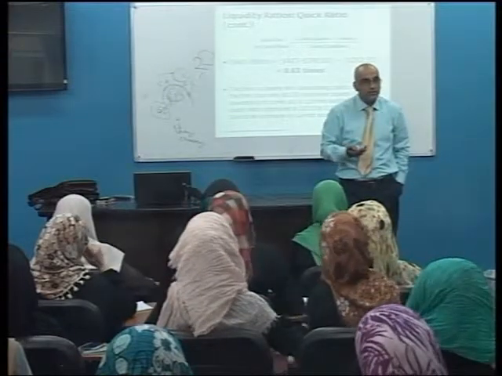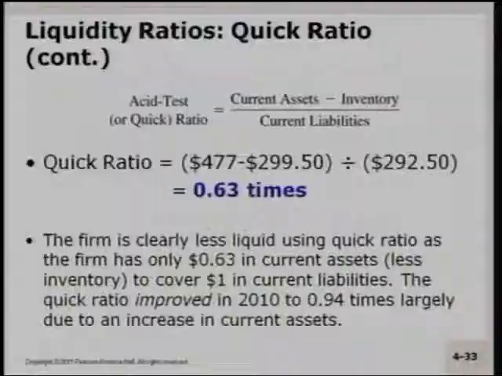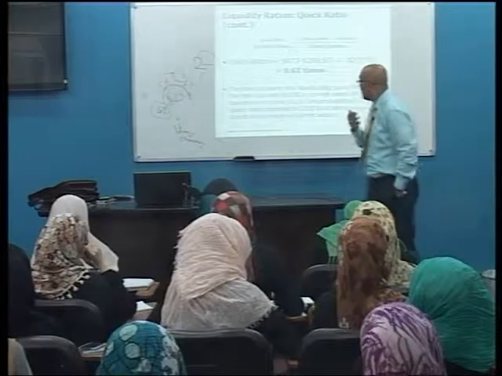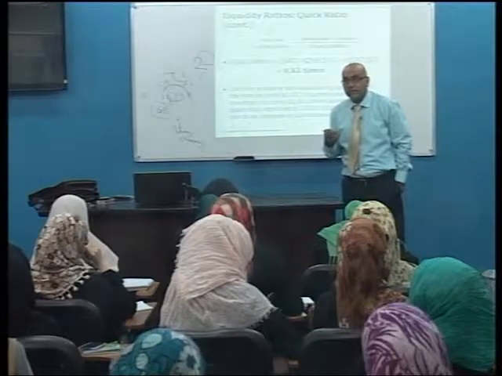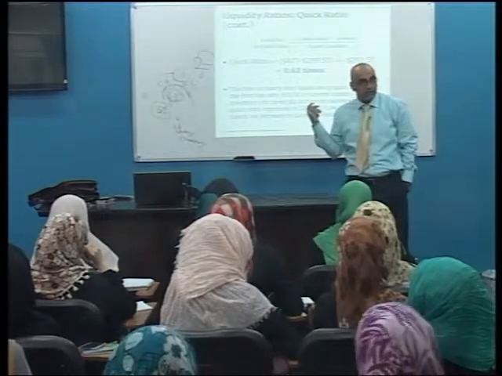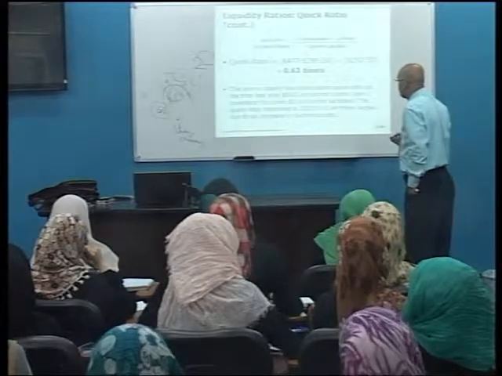No, we cannot. This is in 2009. So we have problems in recovering the current liabilities. We need at least around 37 cents more to recover this. Okay? So look at this problem.